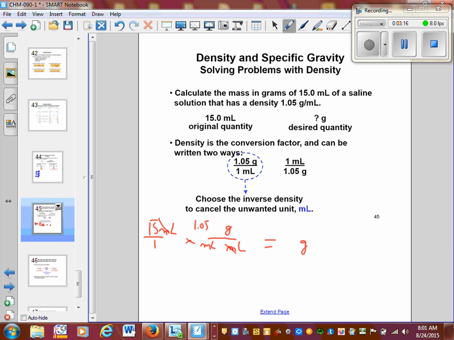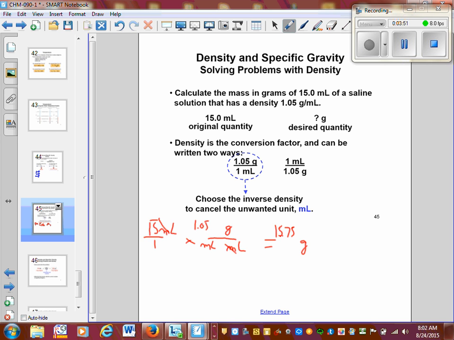So you have 1.05 times 15. All right, if you do this in our calculator, we get 15.75. Using our rules of significant figures, how many significant figures do we need in the answer? From the problem, 15.0 has how many significant figures? 3. 1.05 has 3.